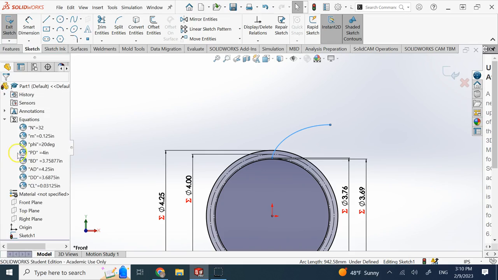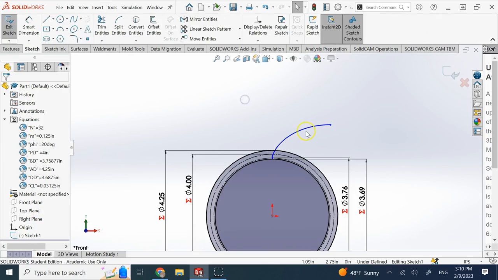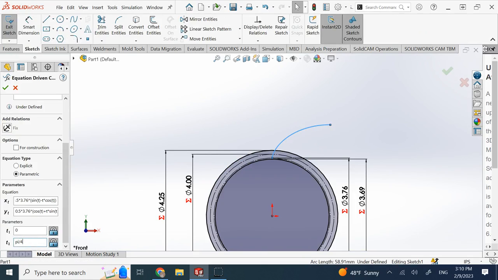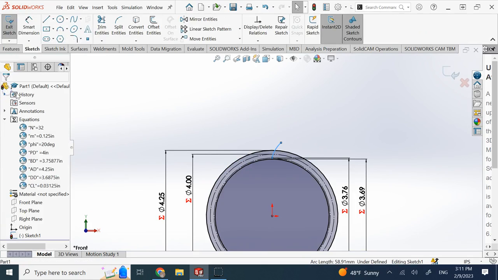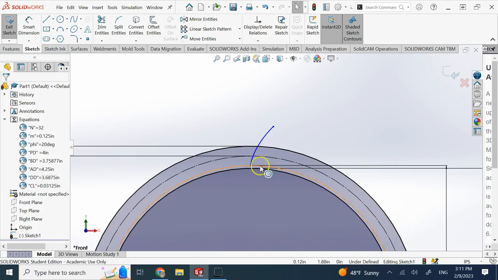You see, it's still too much. So if you want, you can further reduce the angle, although you can later trim it, right? It's not a big deal. You can always go ahead and trim this line, right? But you clearly see that you have a lot of redundancy here, and pi over 4, I would say, is much more reasonable. So this is the involute curve that you need.